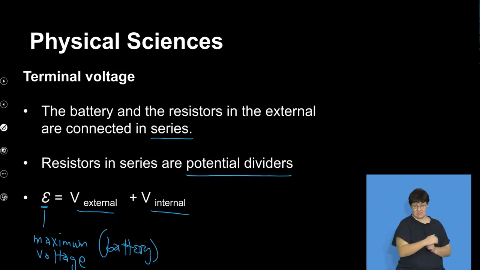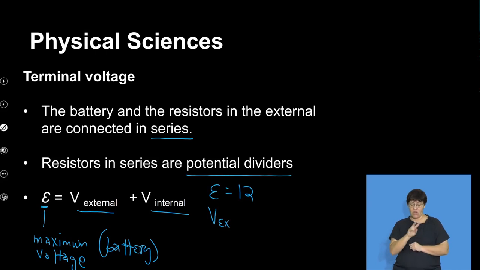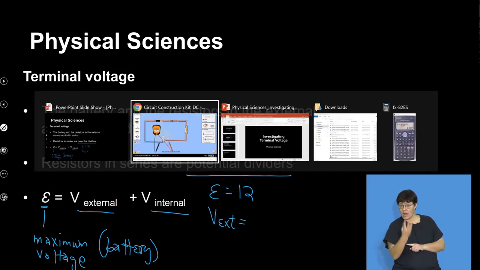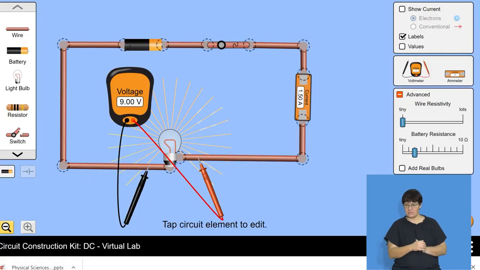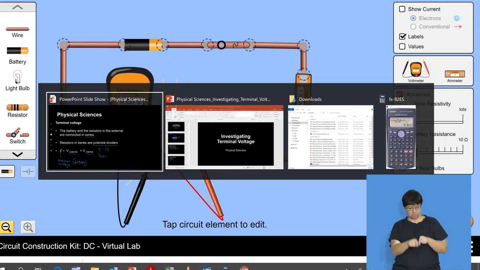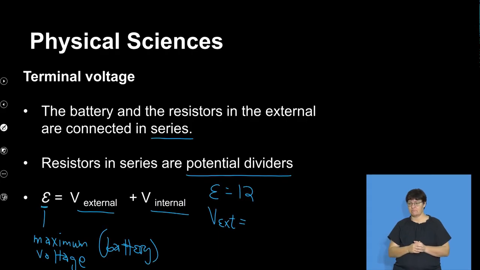Okay. So in other words, we had an EMF of 12 volts, right? And then the voltage that goes externally to the light bulb, we measured it across the light bulb, which we can even go on to confirm. It's 9 volts, as you can see from the simulation, right? Okay. So the external is 9 volts.